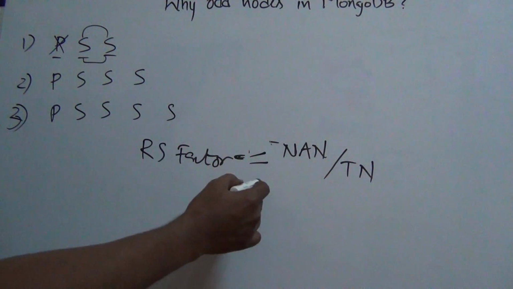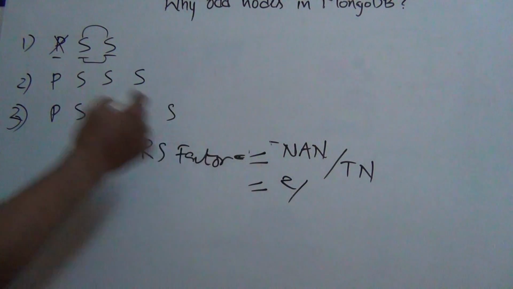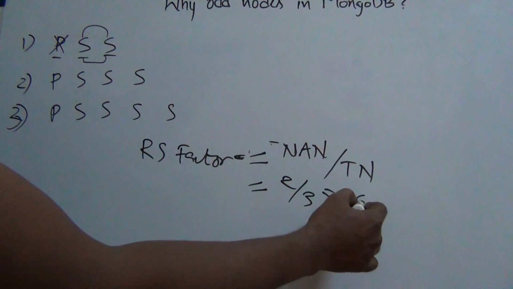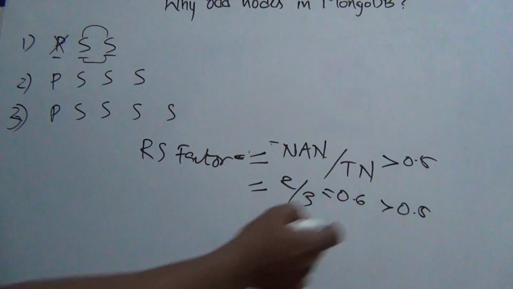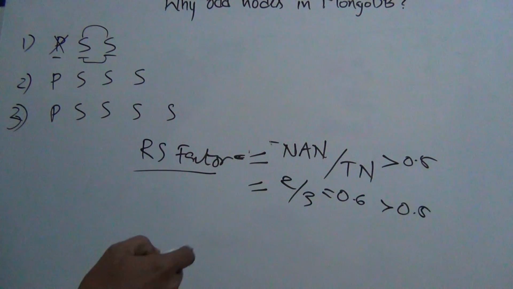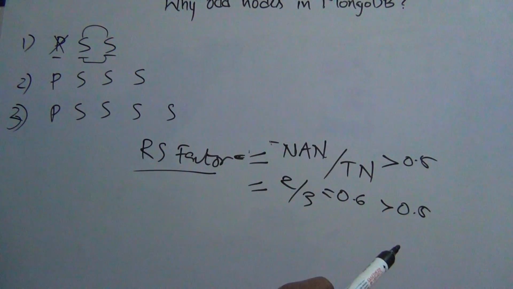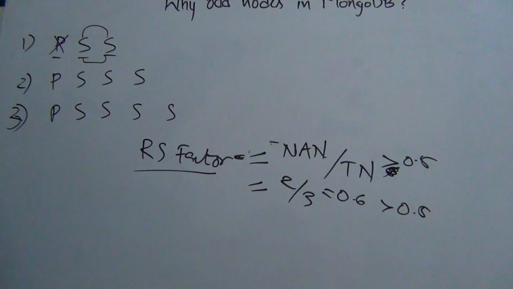In this case, the number of available nodes is 2 and total nodes is 3, which is 0.6 something, and which is greater than 0.5. So in any case where the replica set factor is greater than 0.5, an election will happen, and you will see a primary. Even if it is equal, you won't see any majority, and you won't see any primary node selected from the replica set.